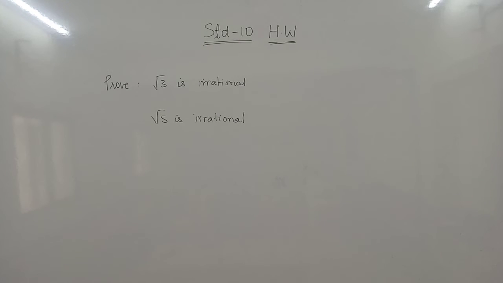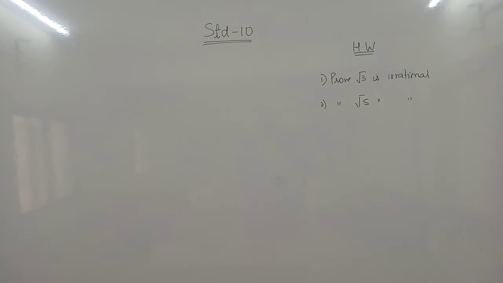Write down the same steps and show that root 5 is also irrational. And try to do it with your books closed. Is it clear to you? Try to do it with the book closed. Now we'll do another type of sum, but note down this homework. I put the homework on one side so you can write it down.